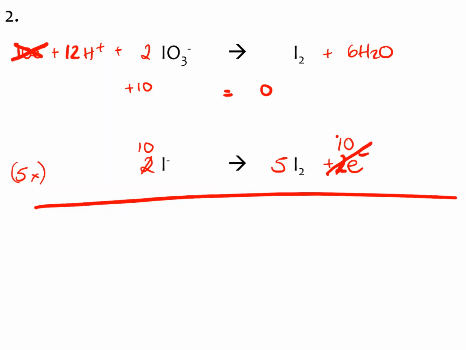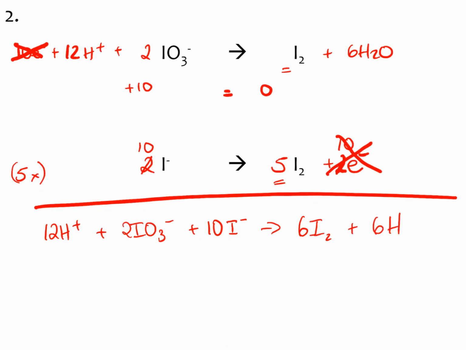So we can then cancel out all of the electrons from the left and right, and we can add these together. So 12H+ plus 2 iodate plus 10 I- forms 6I2, because we have 5 plus the 1 at the top, and 6H2O.